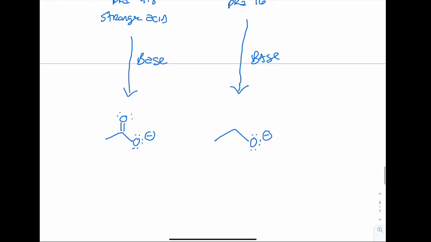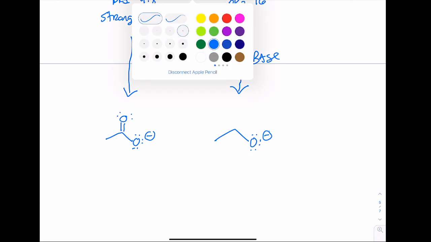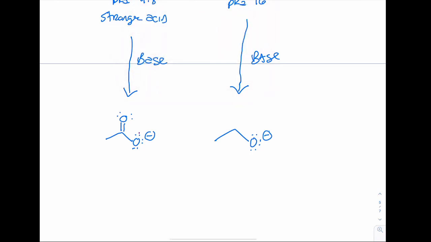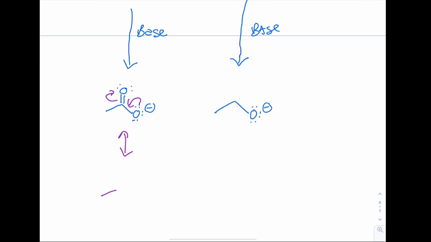And if we look at these 2 conjugate bases, my acetate ion, the one on the left, has resonance. So this one is resonance stabilized. If I look at this one, we have no resonance.